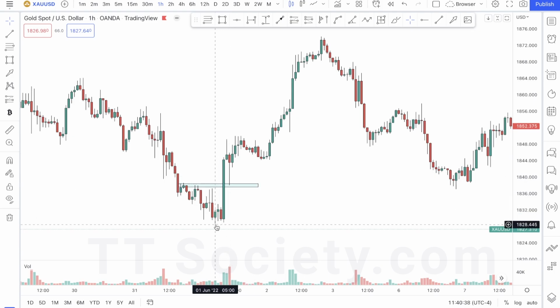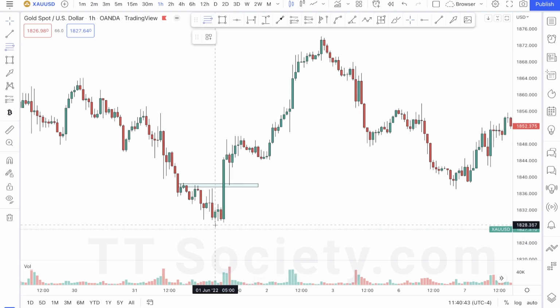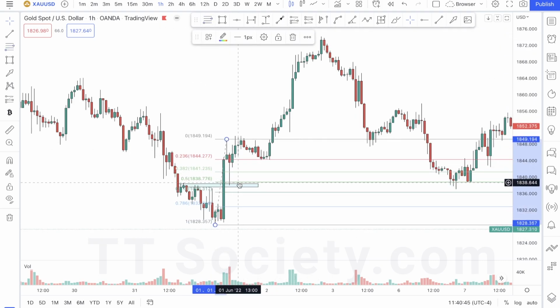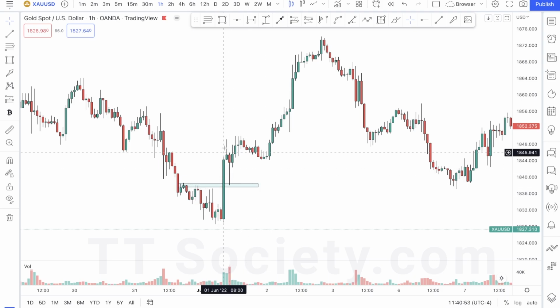So if we were to put our Fibonacci retracement tool here on the chart, we know that we've retraced 50% of the move. On the other hand as well, if we were to put on an RSI indicator, it would show us on a lower time frame that we're oversold here, or overbought actually, before we're moving down to retrace.